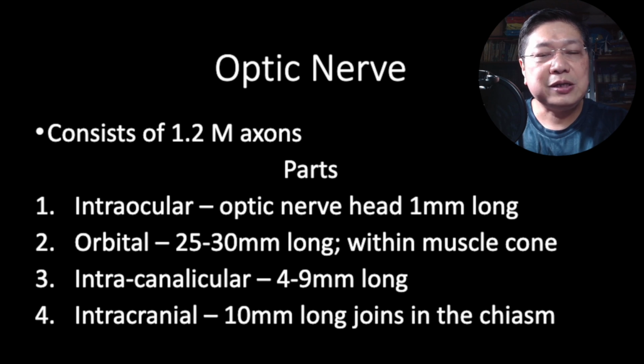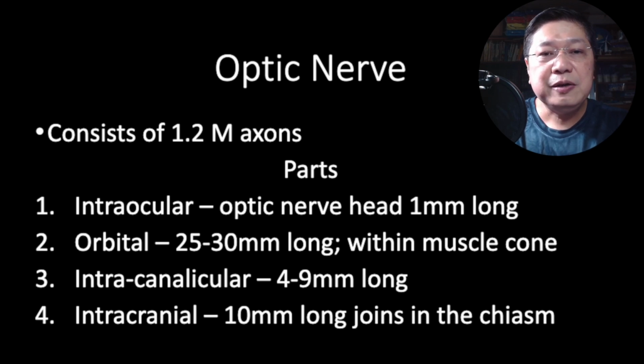It has an orbital part, basically the part that's inside the muscle cone from the back of the eye and going out into the optic canal. And inside the optic canal, you have the intracanalicular area, which is about 4 to 9 millimeters long, and the intracranial part, which is outside of the canal, and going into the chiasm.